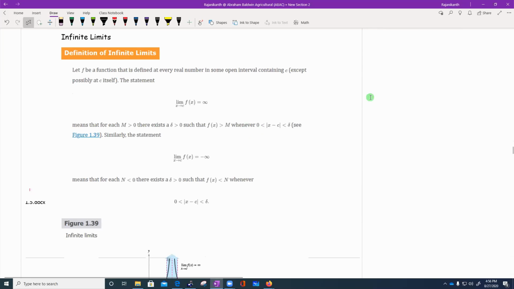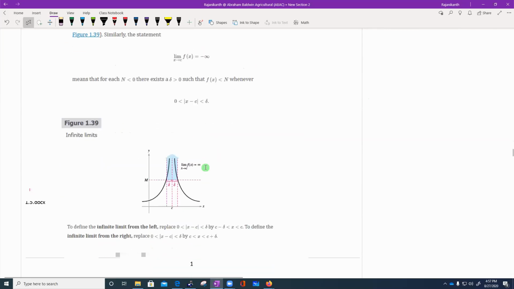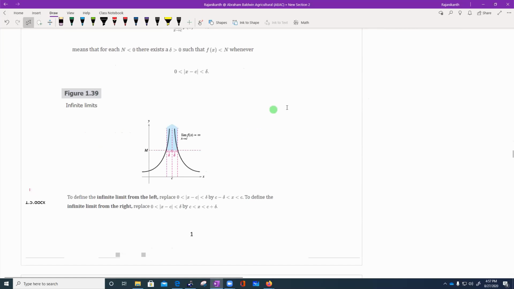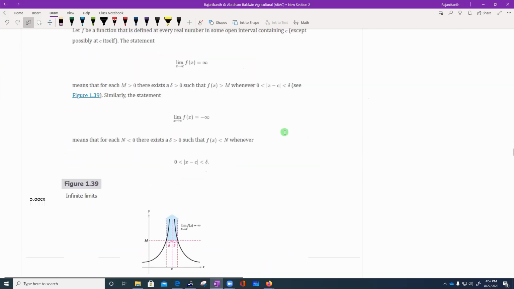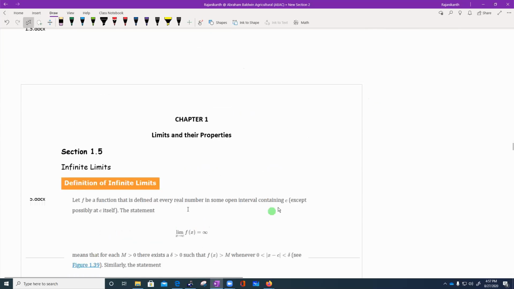If you do not see any real value, then we say that it does not exist. That is another way of explaining. If you have a limit which is a very big number, we call them infinite limits. So an infinite limit is nothing but your function getting a big value when x approaches some real value c. In notation, we use this.